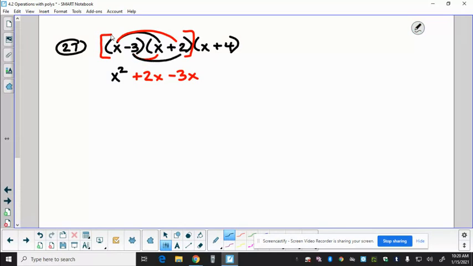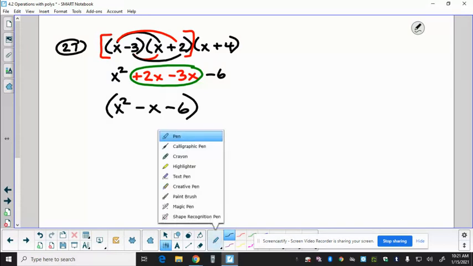Notice these terms in here. They can be put together, right? So I think what I'm going to do is rewrite this polynomial. So this will be x squared, add those up, drop down that negative 6. Now remember, now all of that is going to be still multiplied to that.